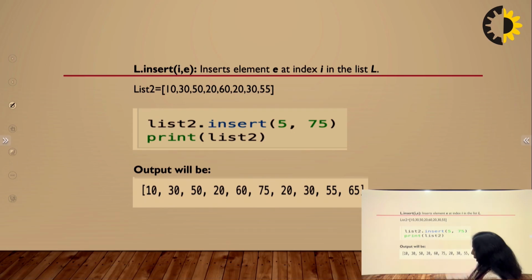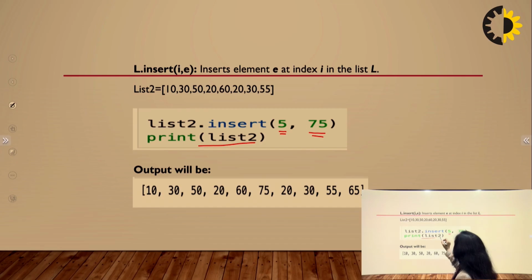Other than append, the insert method inserts the value at the given index. Whatever index is given, the value is inserted there. Here the index is 5 and it is asked to insert the value 75 at index 5.